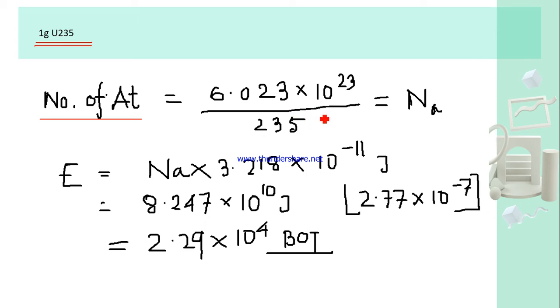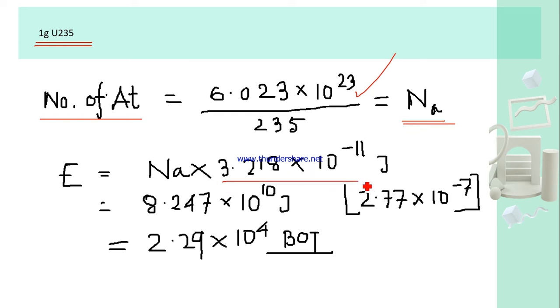So 1 gram, the mass number of this uranium is 235. So 235 gram of uranium contains this much fissile nucleus. So 1 gram of uranium-235 contains this many nuclei.